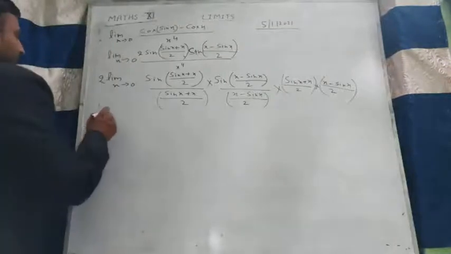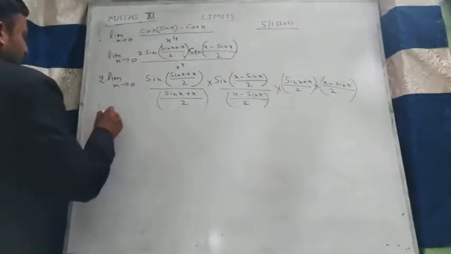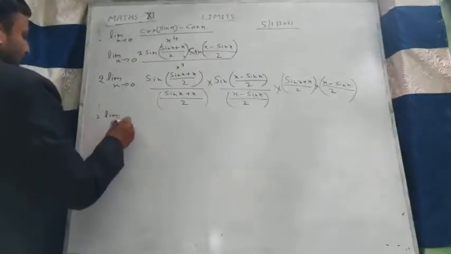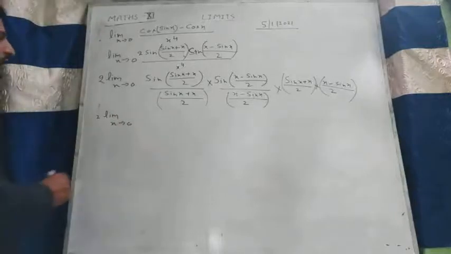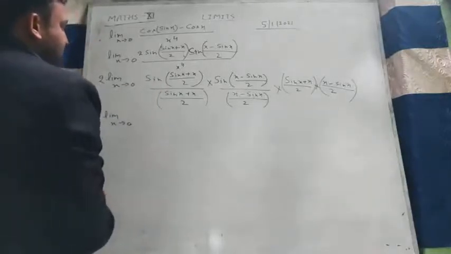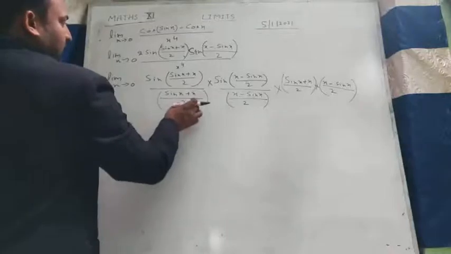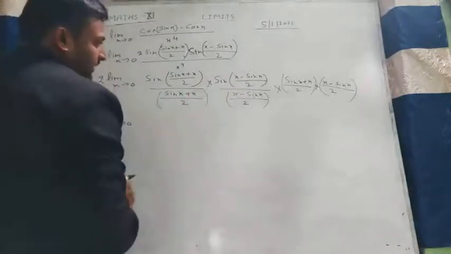Okay, student. So as limit x tends to 0, this is sin x by x and this is also sin x by x.